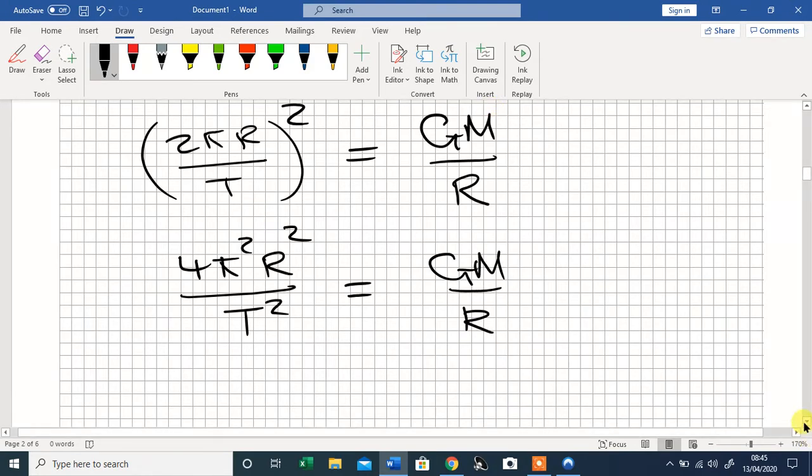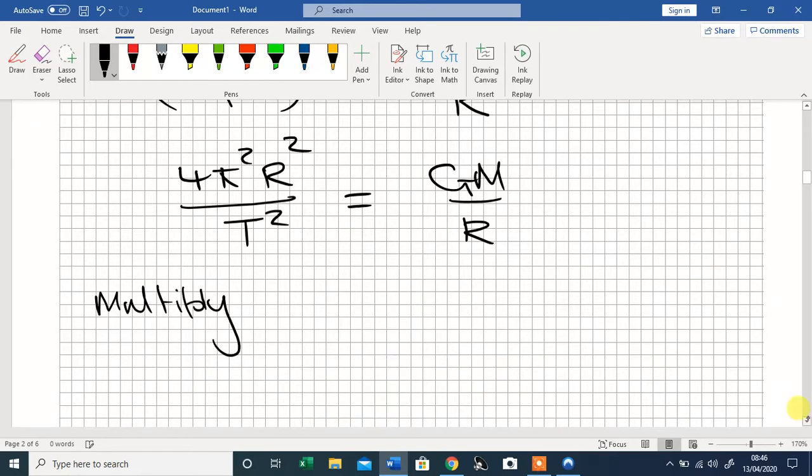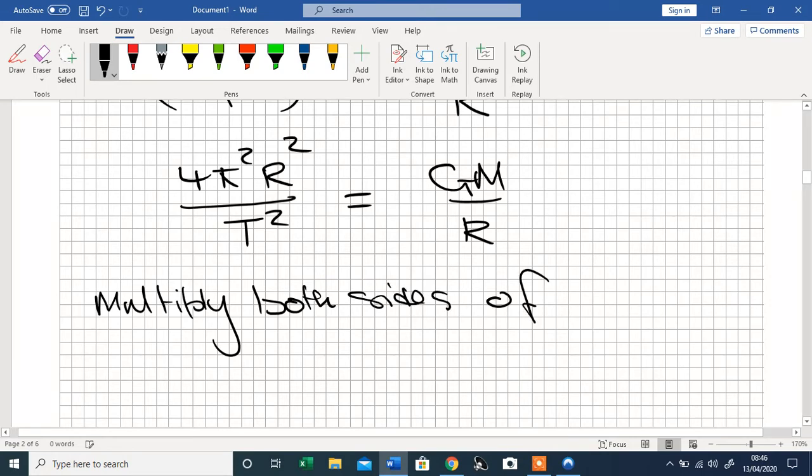Now, we can simplify this equation to make r cubed the subject first and foremost. So if we multiply both sides of, shall we call this equation 6?